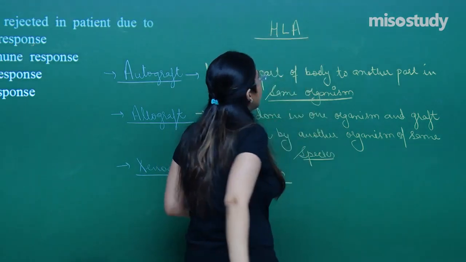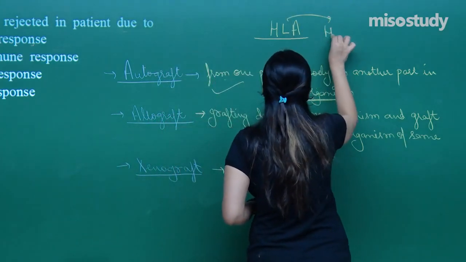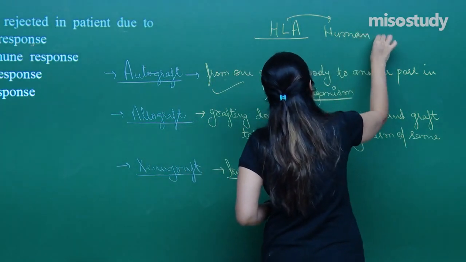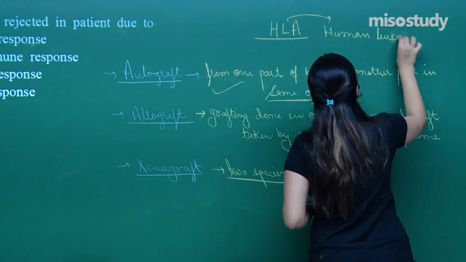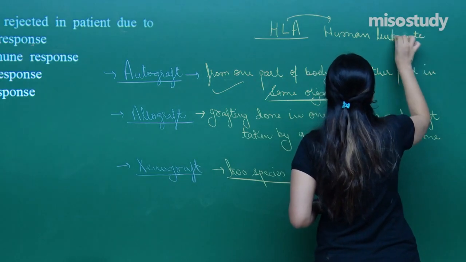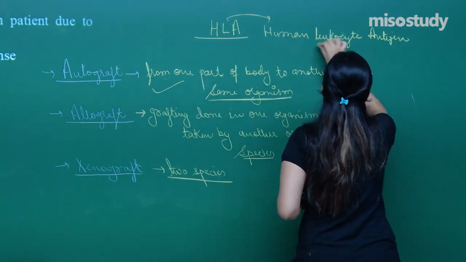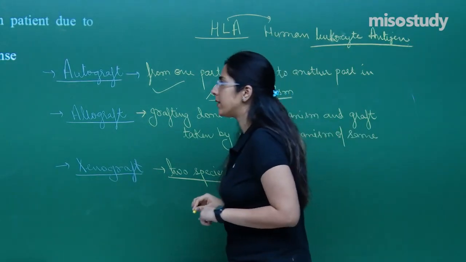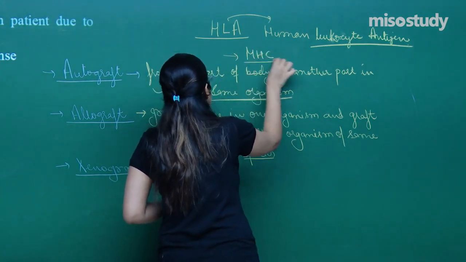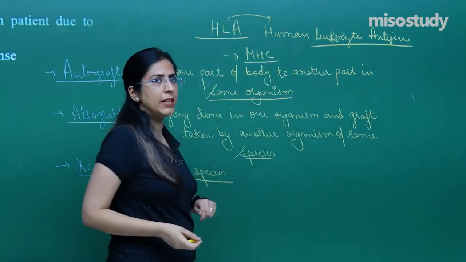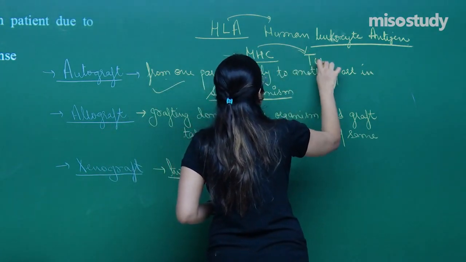So before graft rejection, we go for HLA matching, which is also called human leukocyte antigen. And in this case, we go for MHC matching. MHC is major histocompatibility complex. In the major histocompatibility complex, the T cells play a very important role.